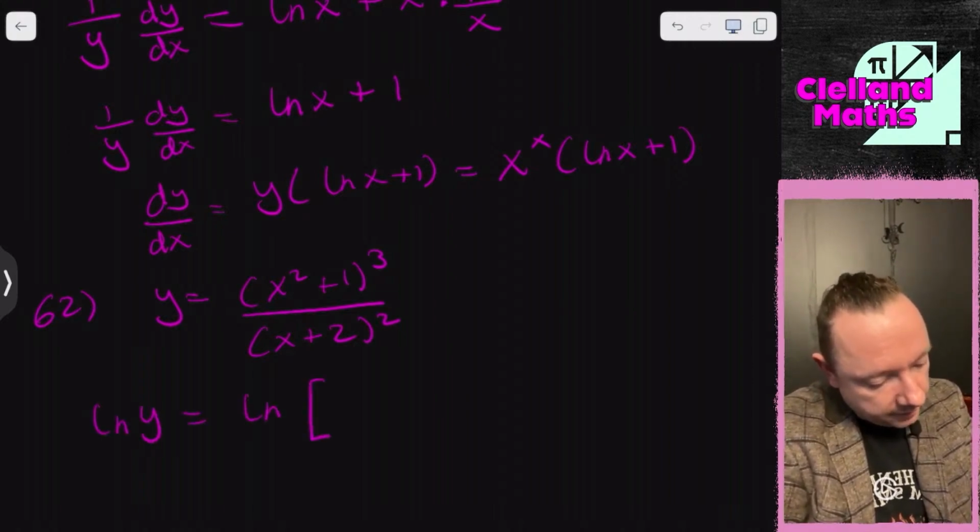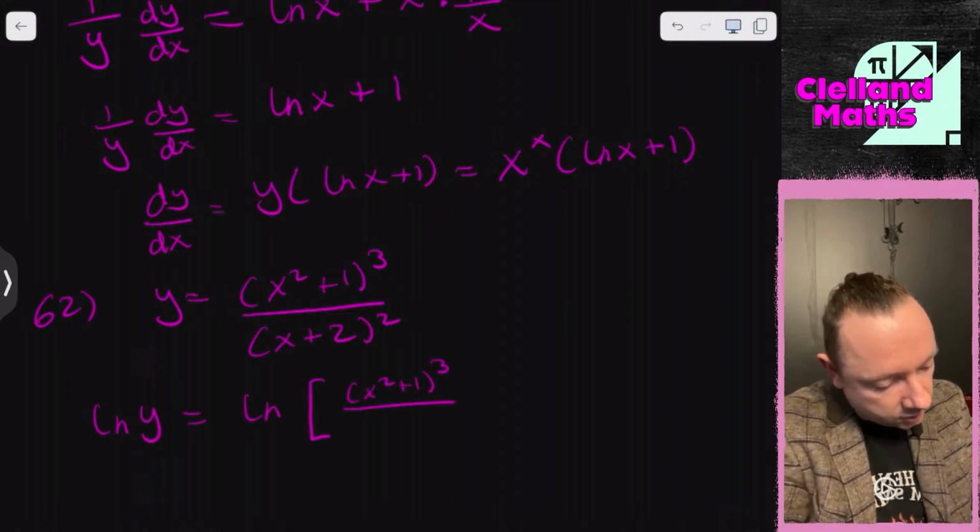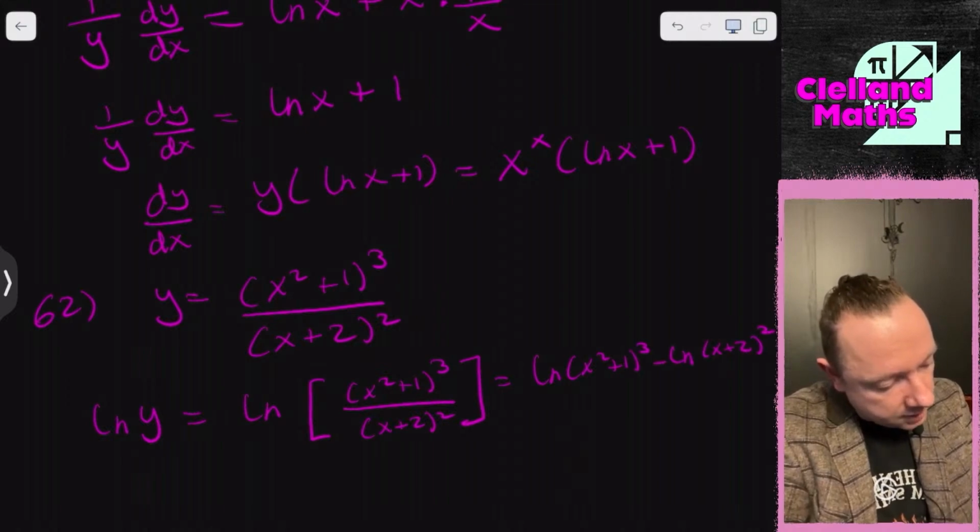Log of x squared plus 1 cubed over x plus 2 squared. So I can separate that out into log of x squared plus 1 cubed minus log of x plus 2 squared, and then the rules of logs give us that.